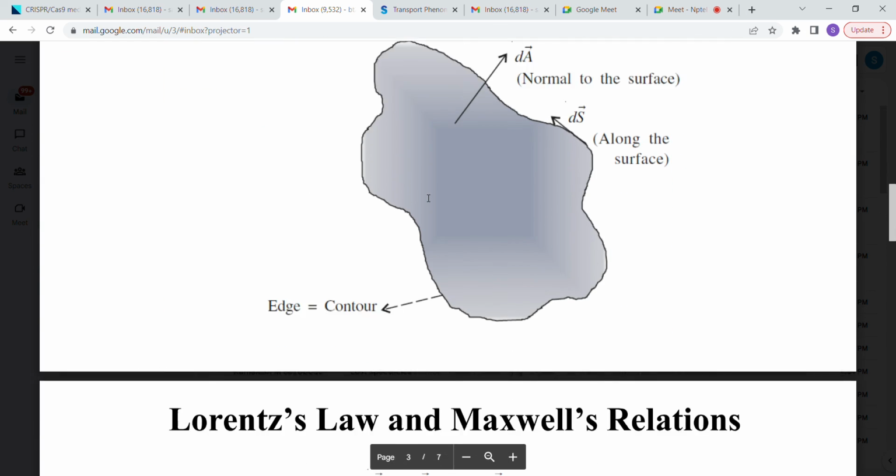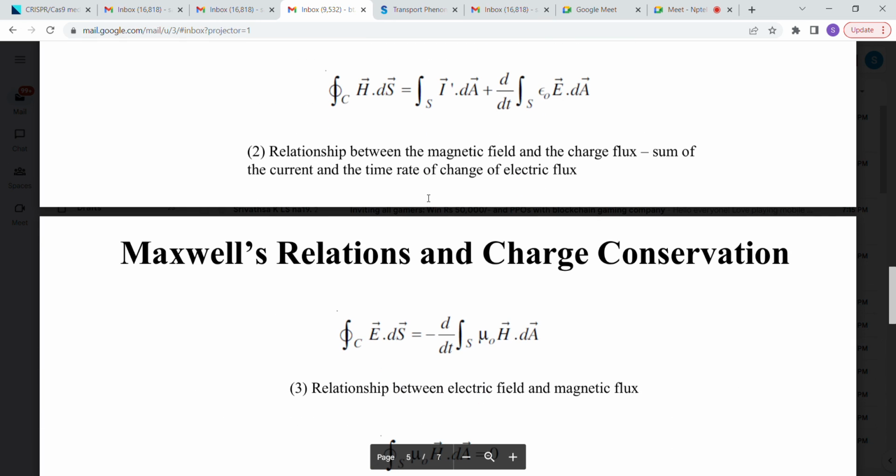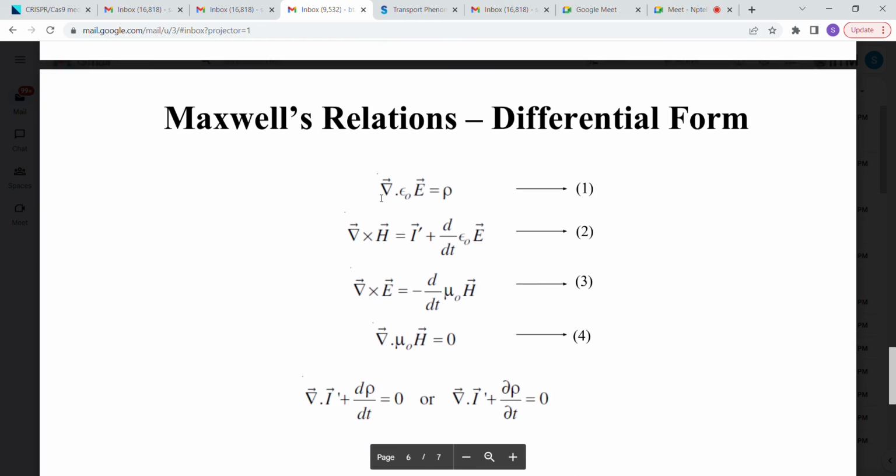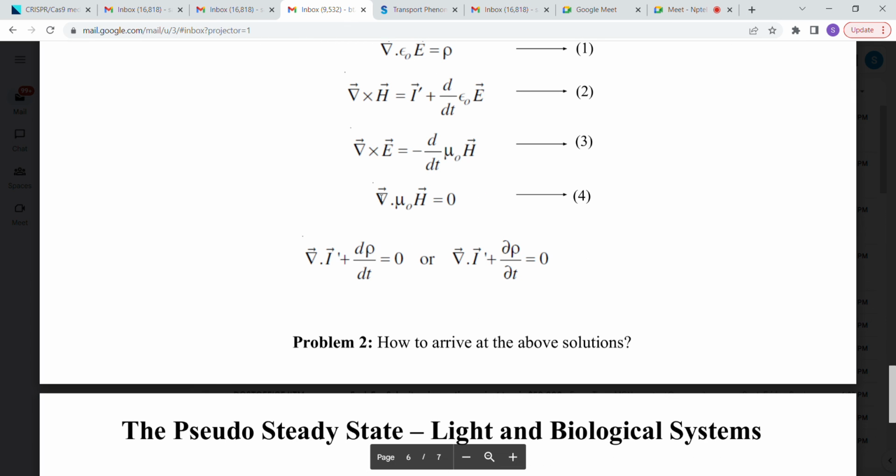So just use the slides as a ready reckoner for getting the Maxwell relations and stuff like that. For a more detailed understanding of these, please go through the lectures of Sir, and please go through the notes from the book. Please go through the book.